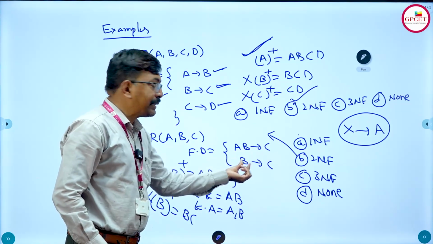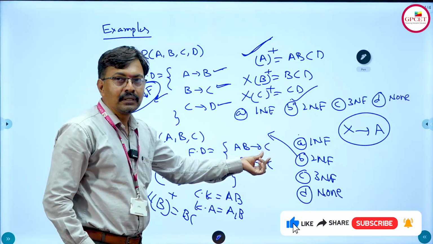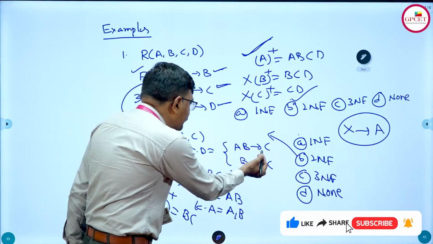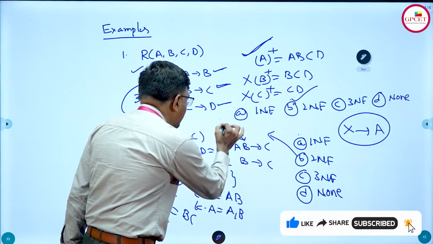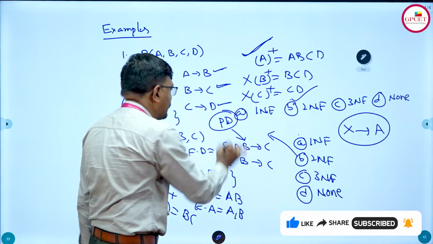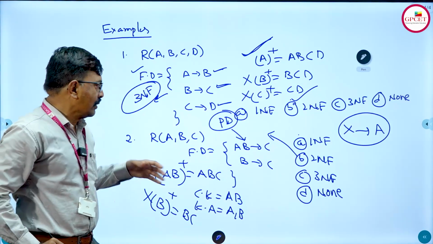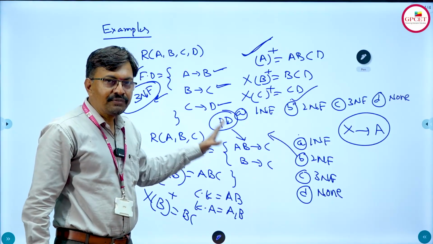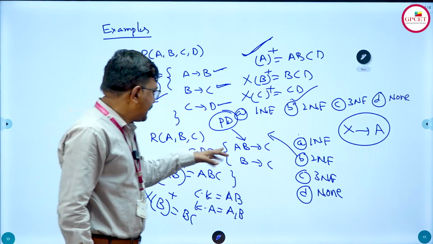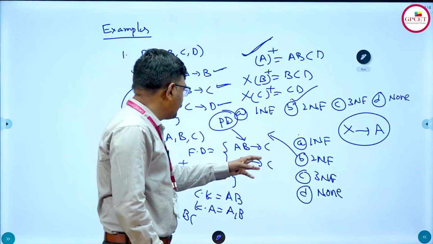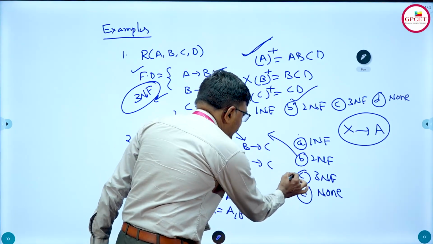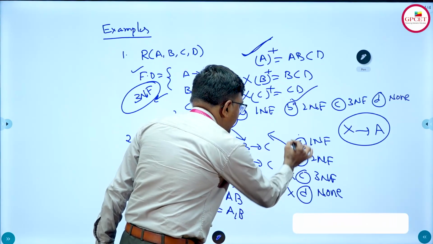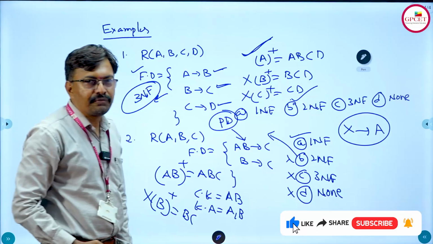AB is a key, but B is part of the key, so B → C violates it with a partial dependency. So it is in first normal form, because it violates second normal form. That's why the other options are wrong, and the correct answer is first normal form.